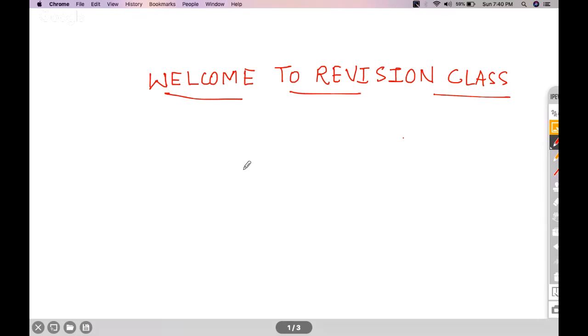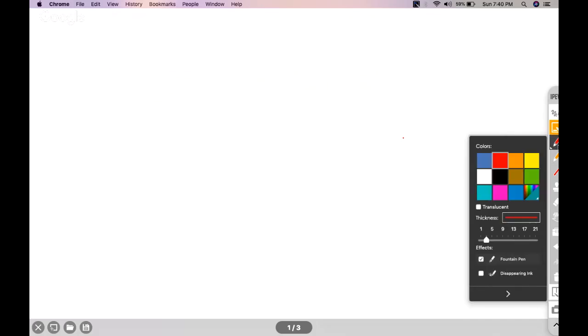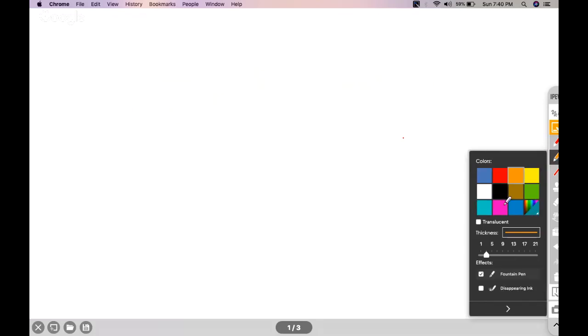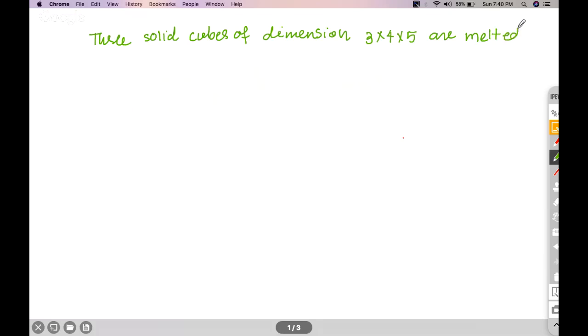So this is the first question which I'm putting in front of you. And the question is that three solid cubes of dimensions 3 into 4 into 5 are melted to form a single cube.